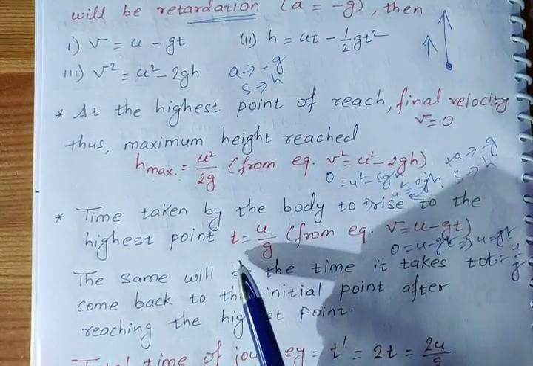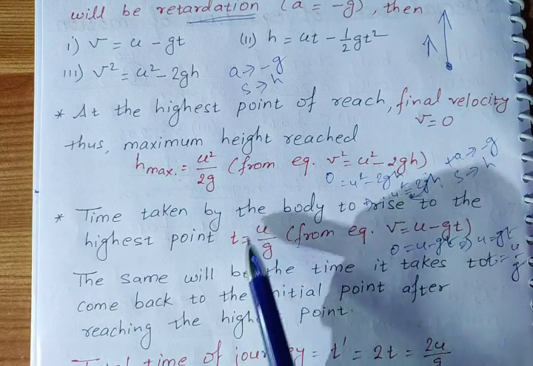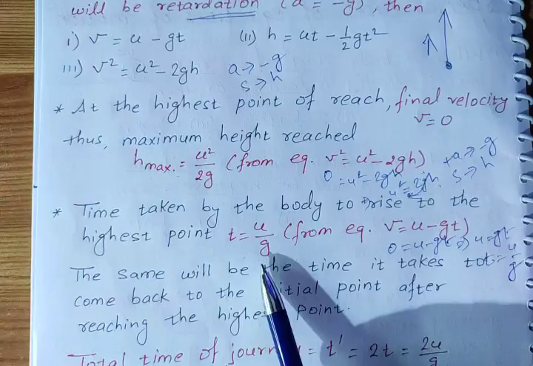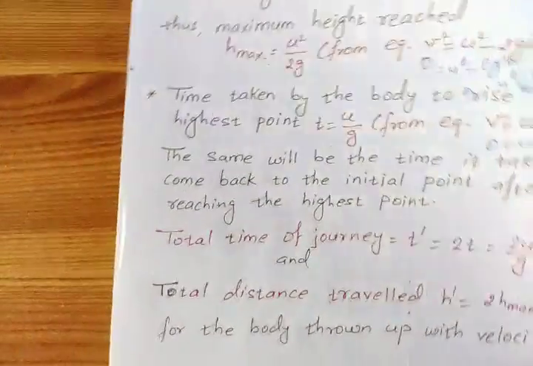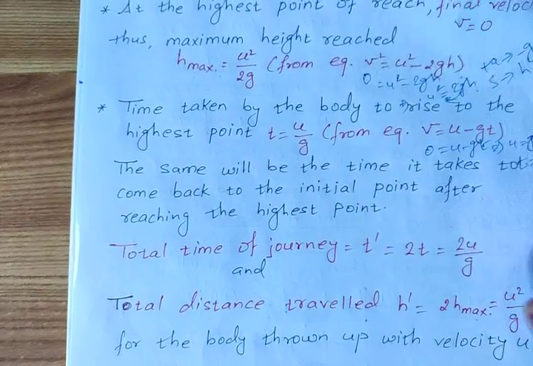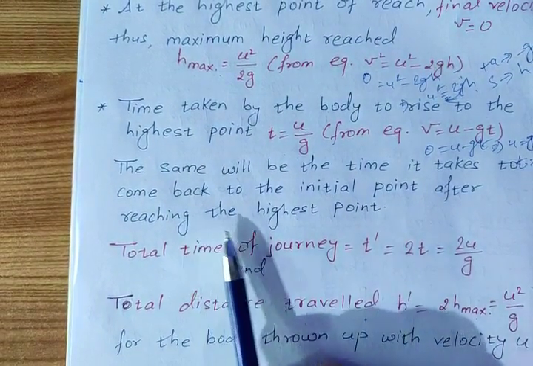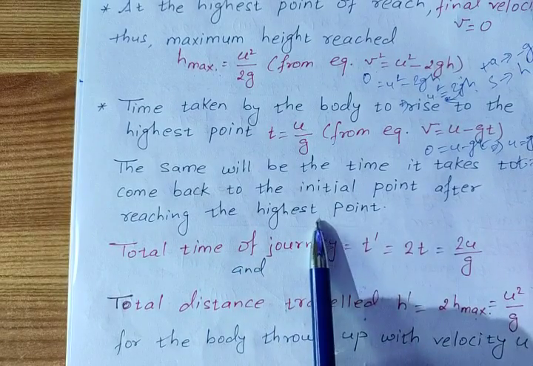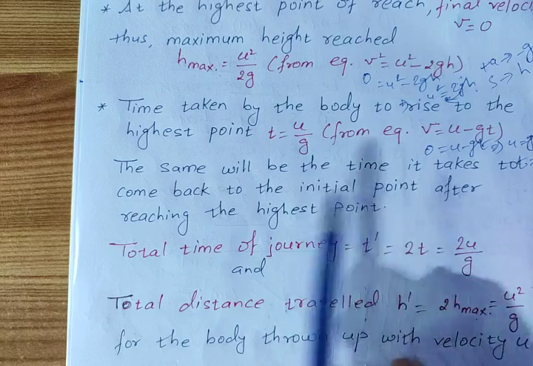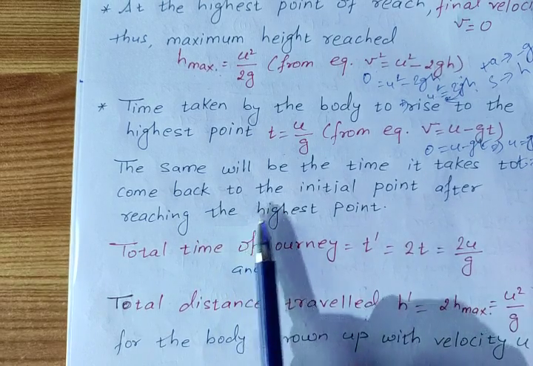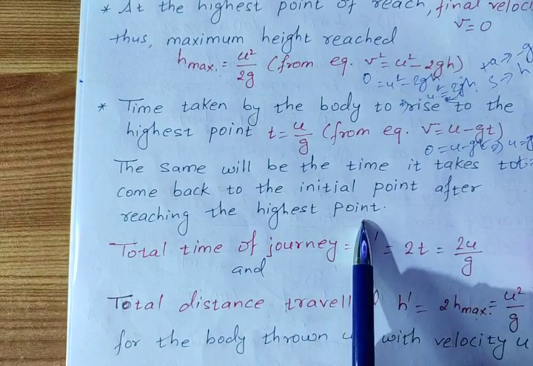So time to reach highest point, t is equal to u by g. The same time will be that it takes to come back to the initial point after reaching the highest point.